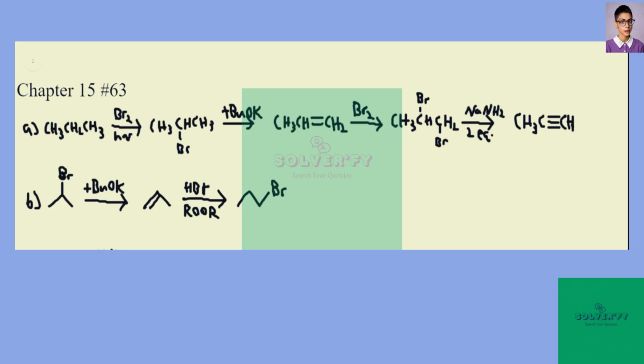The acetylide ion can then act as a nucleophile, and we can use bromoethane. And now we have our 4-carbon chain that we need.